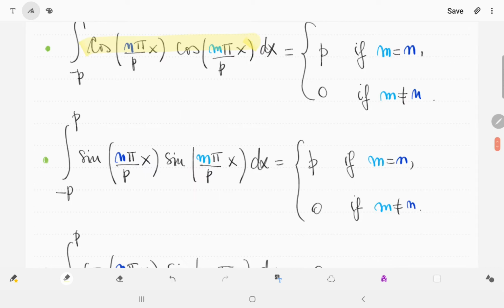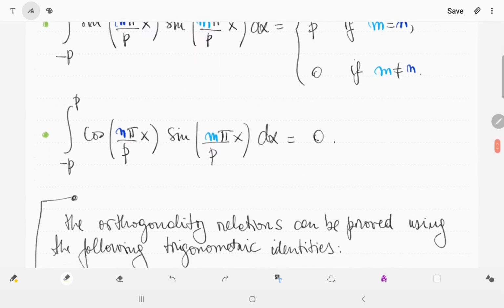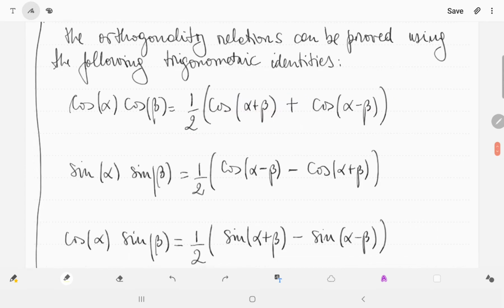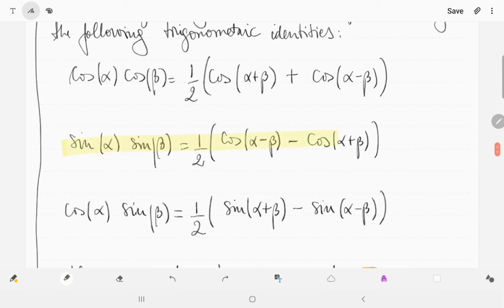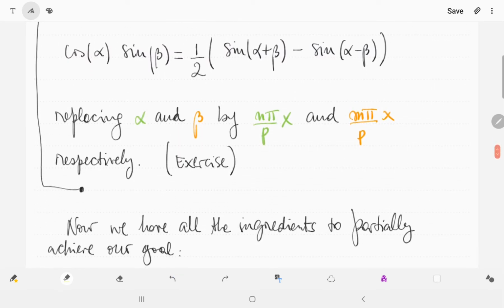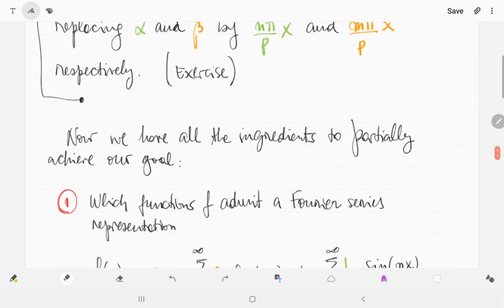Then this second trigonometric identity will help for the second orthogonality relation, and this one for the third one, where you obviously replace alpha with n pi over p x and beta with m pi over p x. And we leave that as an exercise. You don't have to do it, but if you want to practice how to compute these integrals, you can do it.